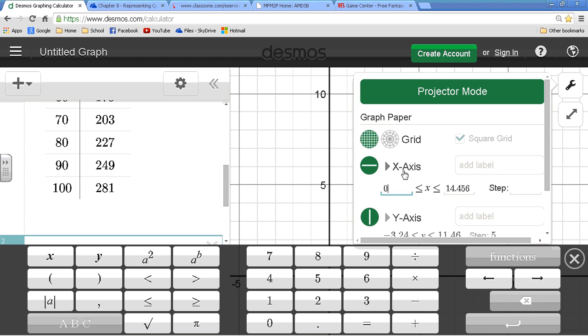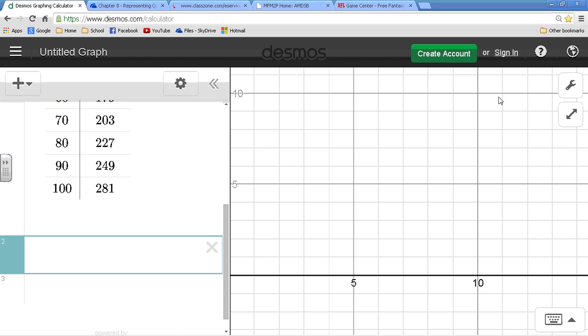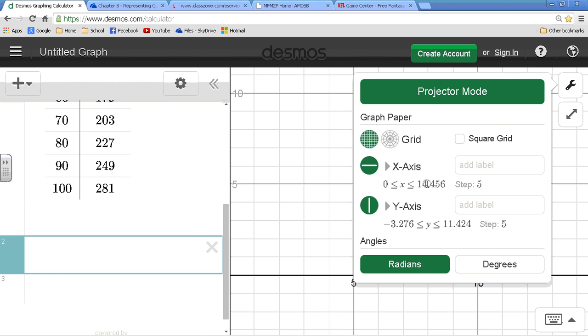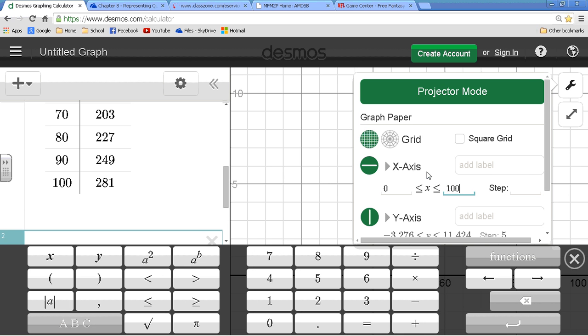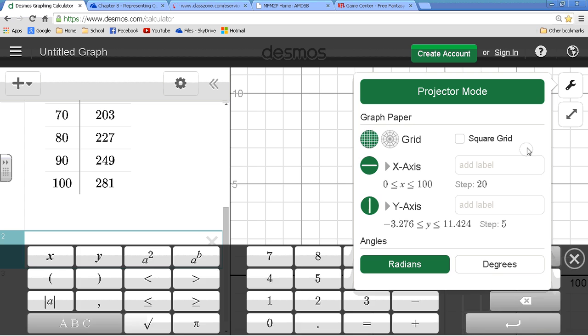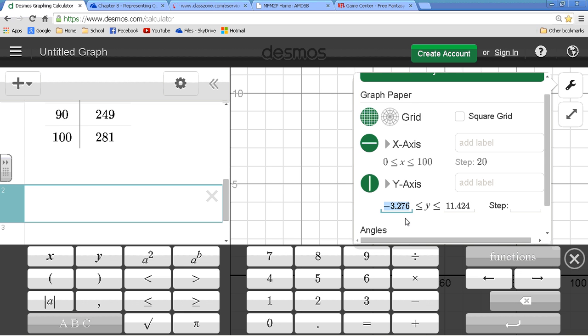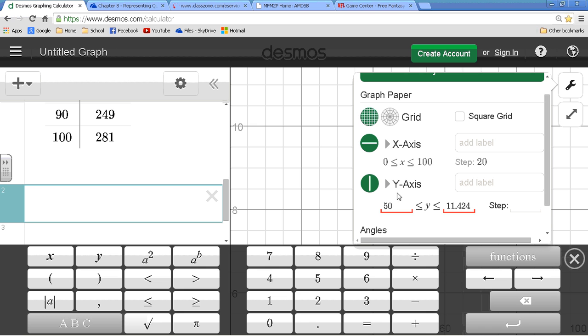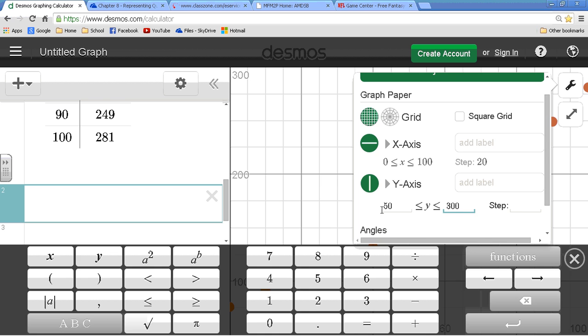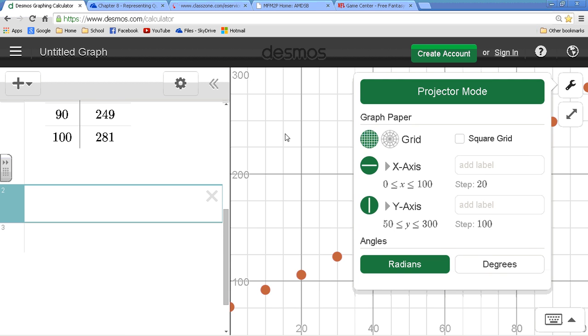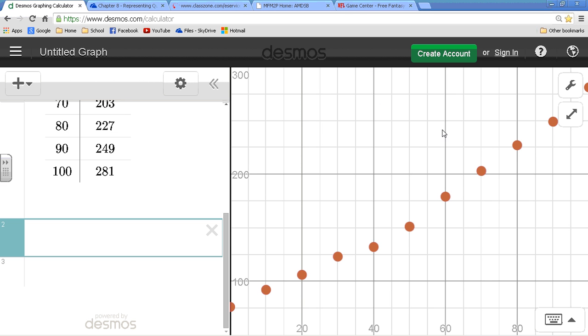The x-axis would go from 0 to 100, and the y-axis values go from, I don't know, maybe 50 to almost 300, right? And we'll let it figure out what the step should be. And there, dandy, there's the scatter plot.